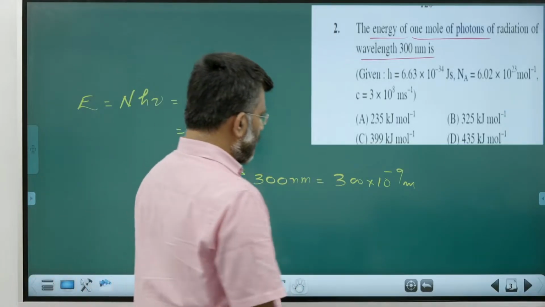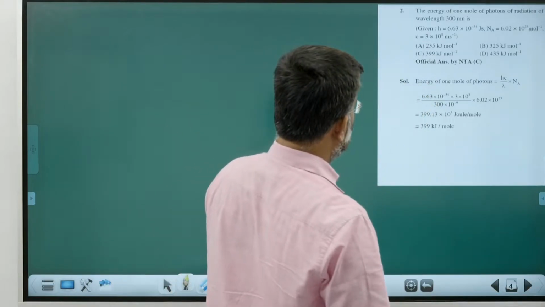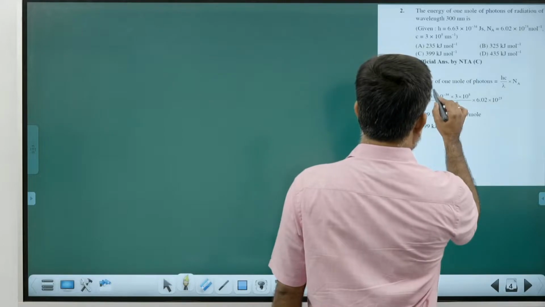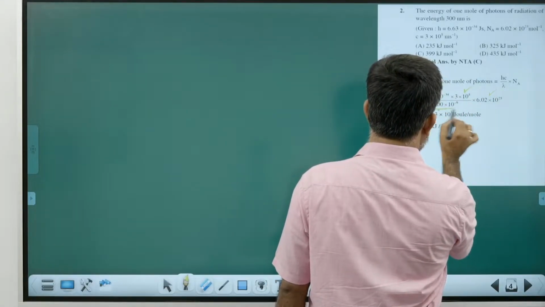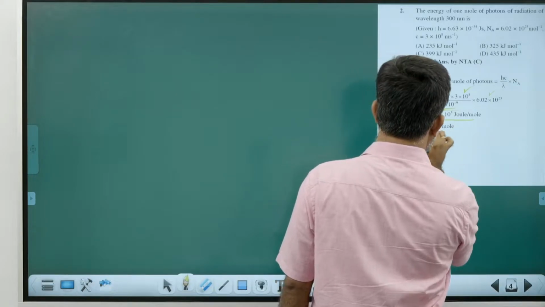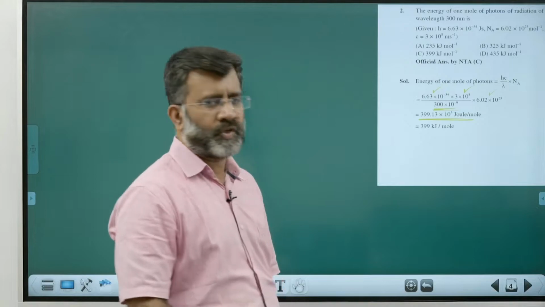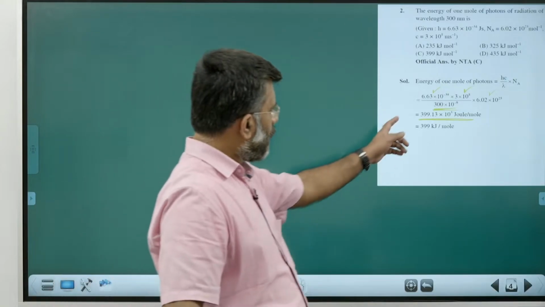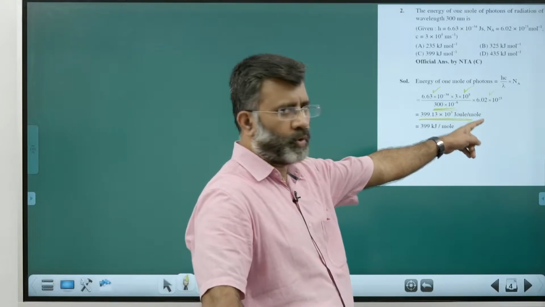So what will be the calculation? hc Avogadro number by lambda will take you to somewhere in the 400 range, 399.13 into 10 power 3 joule per mole.